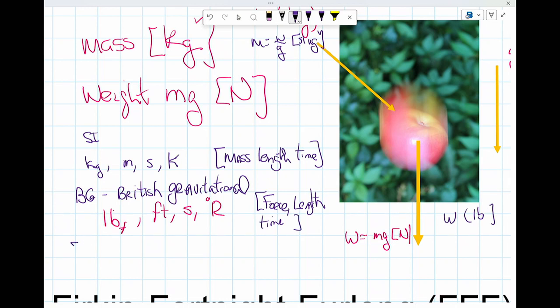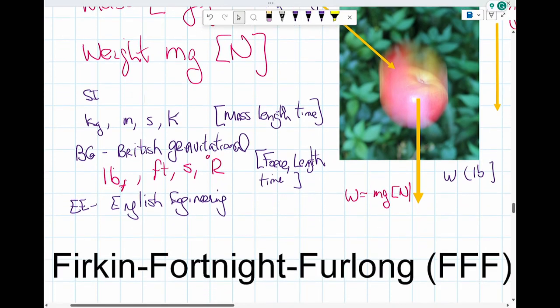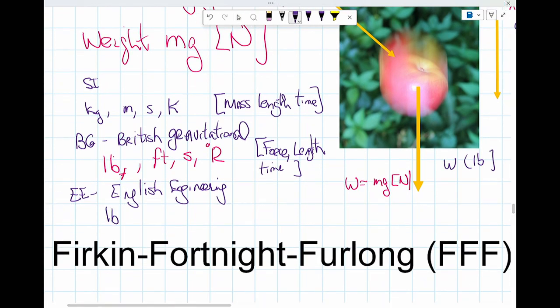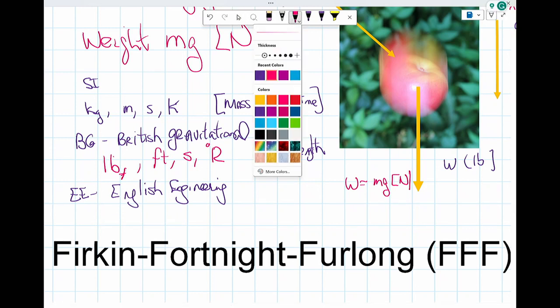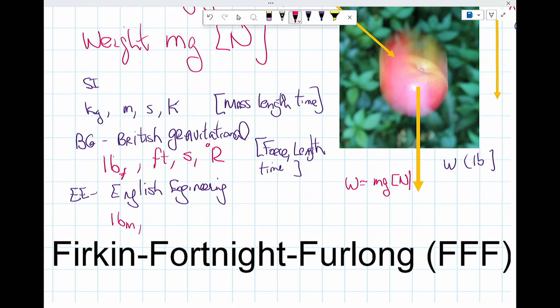Finally, you have English engineering, and for English engineering, it's pound mass, pounds force, seconds, and degrees Rankine.